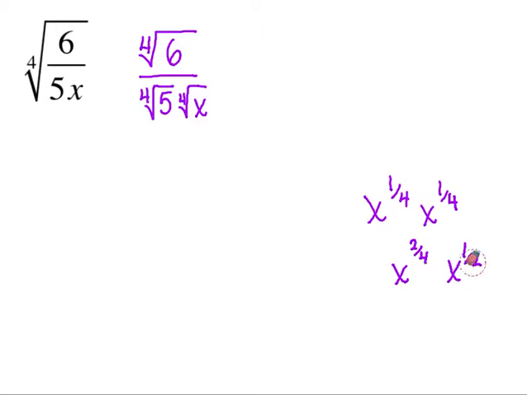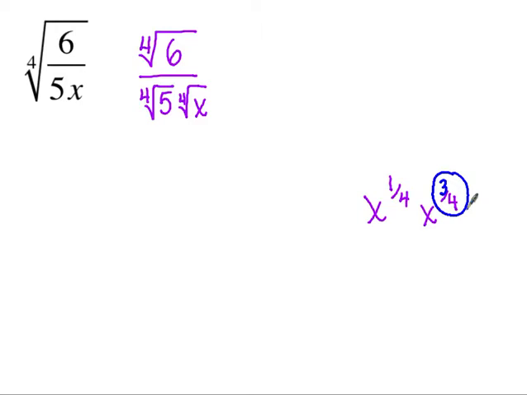So let's think about that. I'm looking specifically at this fraction right here. What does this fraction have to be so that when I multiply them, I get x to the 1st? 3/4. Okay.